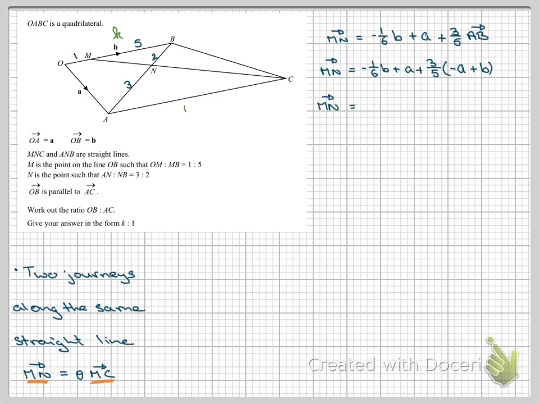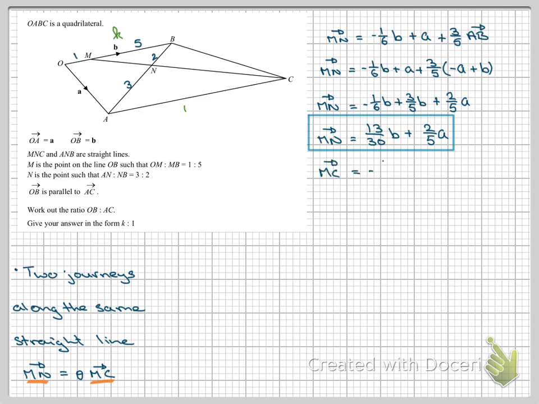M going to N will be minus 1/6 of B plus 3/5 of B, and then A minus 3/5 of A gives me 2/5 of A. Just tidying this last bit up, I will have M going to N as 13 over 30 B plus 2/5 of A, putting a box around that.